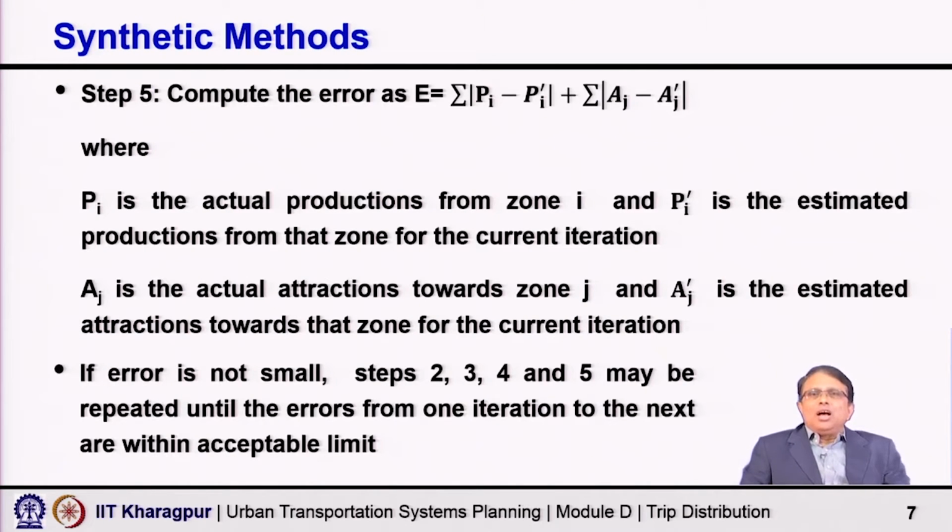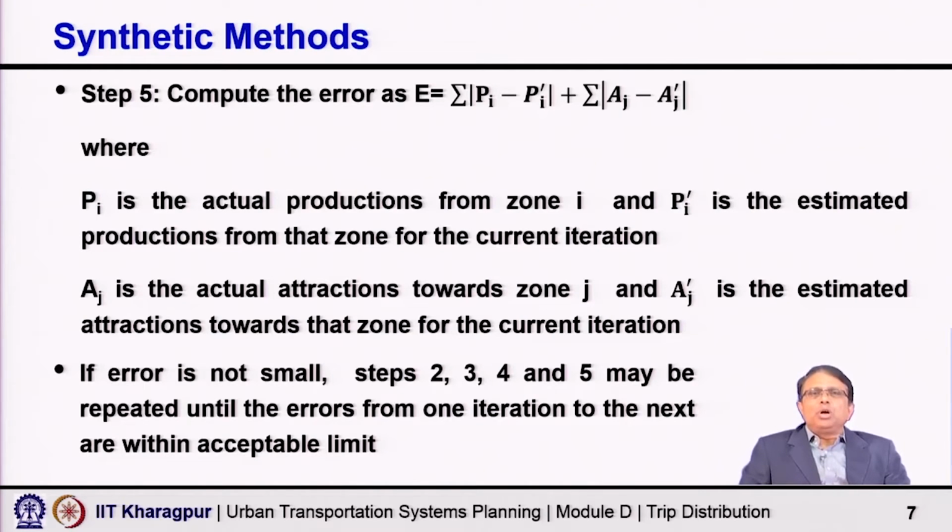Then, in step 5, I can calculate what my error is. For every i, I have the actual production and an estimated production from the model: Tij summed over all j gives me Pi. So, what is the difference in production for each zone? Similarly, what is the difference in attraction in each zone? We take the absolute values, because some differences may be positive and some negative.